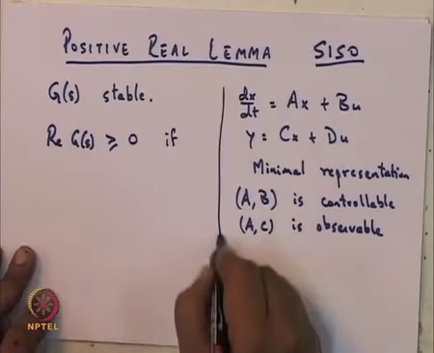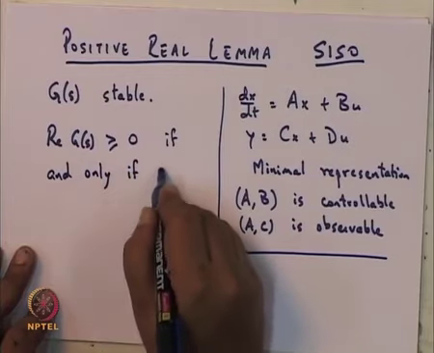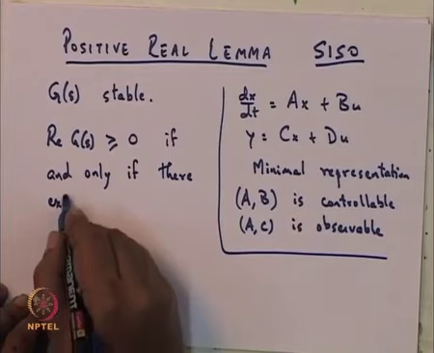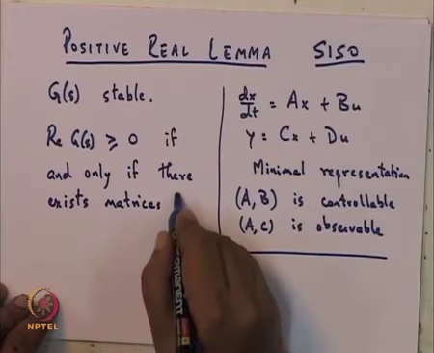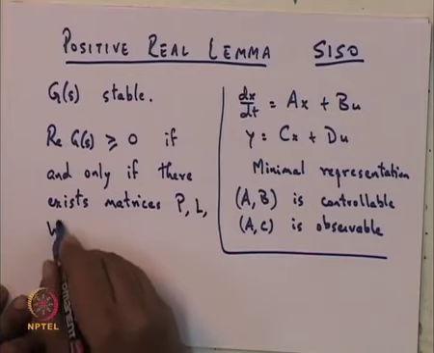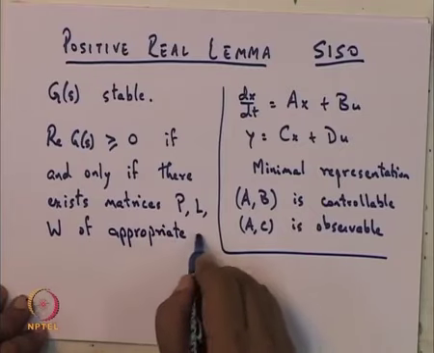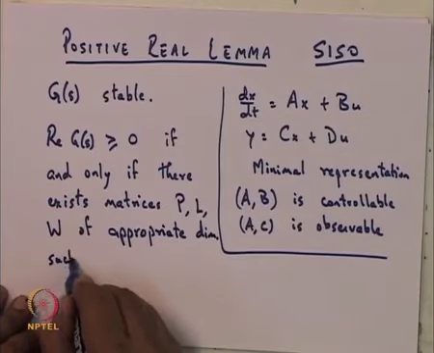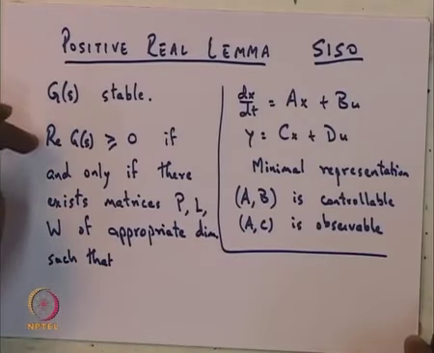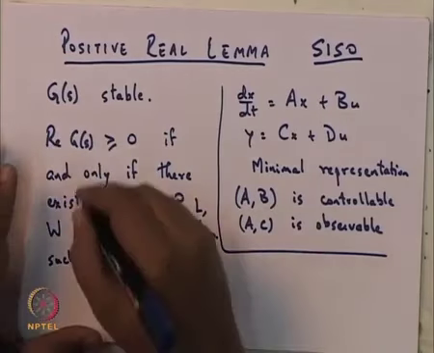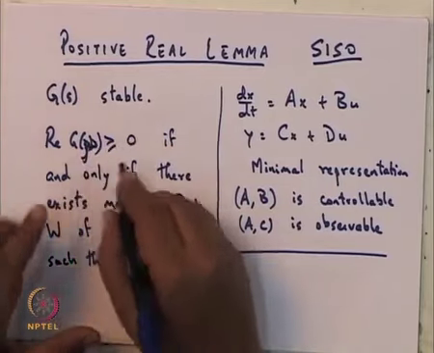Then the real part of G(j omega) is greater than or equal to 0.